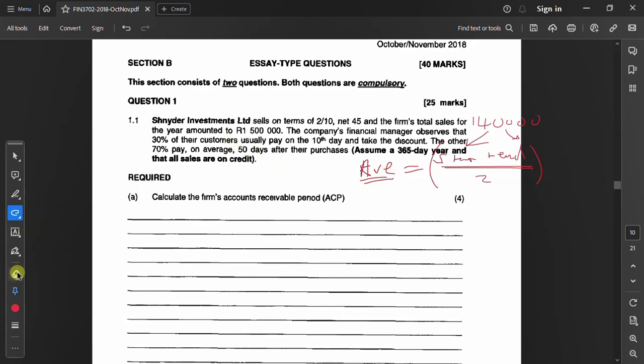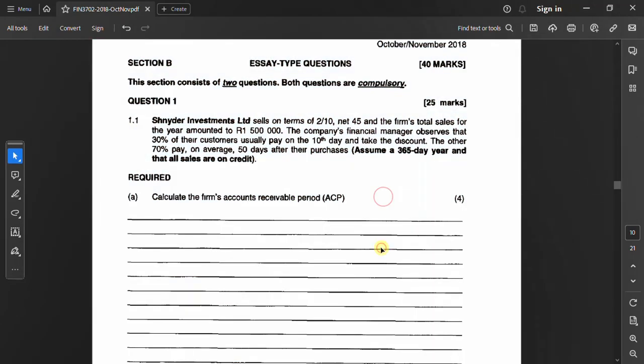In some measurements, when you calculate an average, you take the start plus the end, and then divide that by 2 as a working. I don't know if you remember that from previous calculations. So if I'm calculating the average, it's 2 amounts together, so 140 would be 70 and 70, basically.